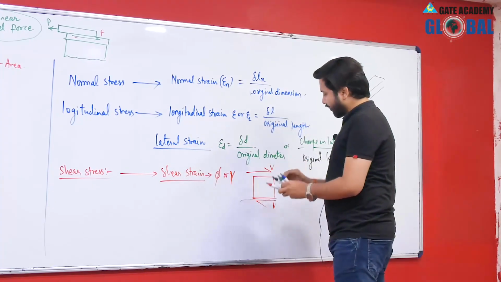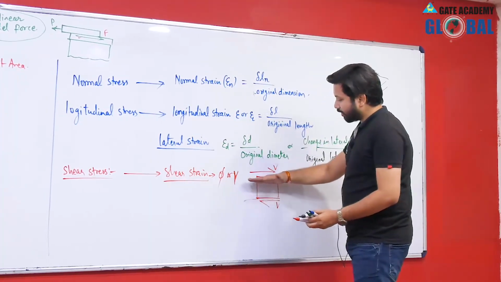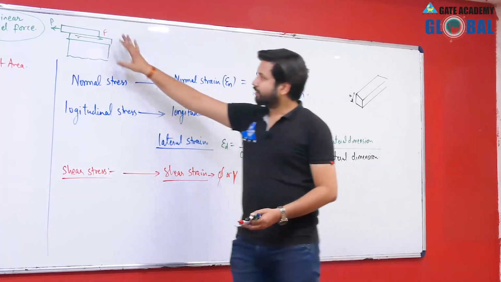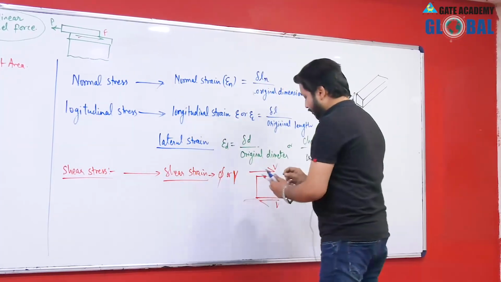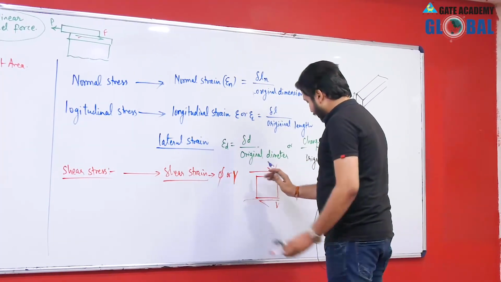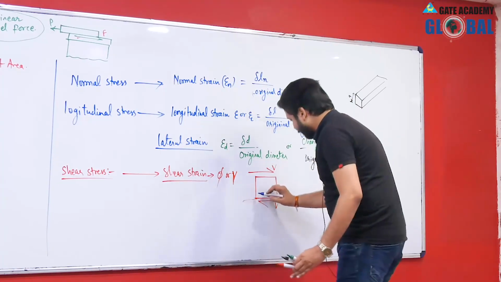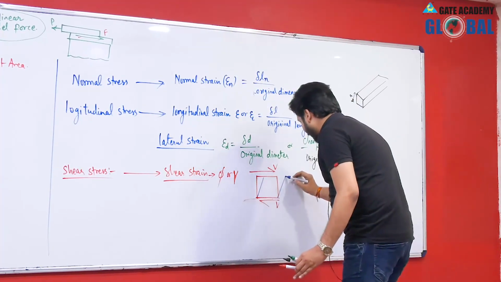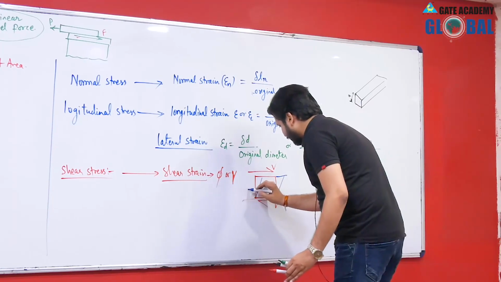Due to this shear force, all the fibers will try to move relative to each other like this, hence there will be a tilting of the square shape by some angle, let us say phi.